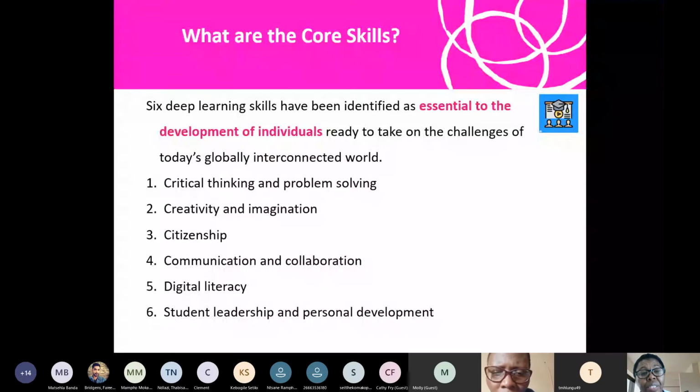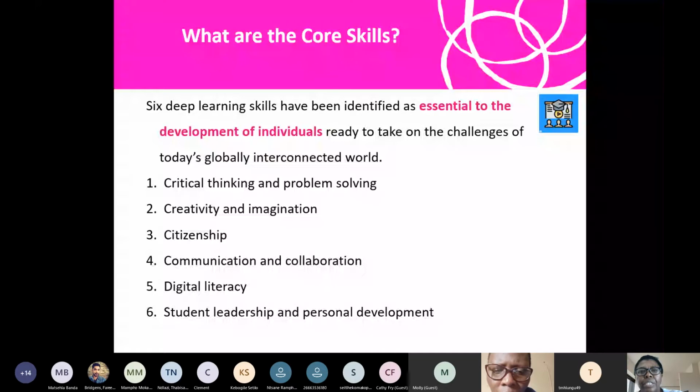That example was basically to ensure that you think critically about what you want to do for the country. And in the process, we looked at student leadership and personal development. So whilst we were looking at the topics that we were dealing with in the past 3 weeks, you could see that there's a close relationship between what we were doing in partnerships and the core skills, okay?